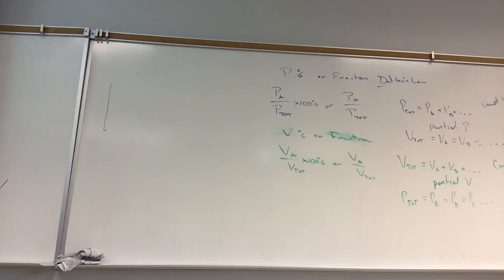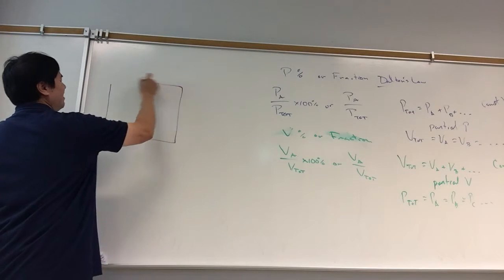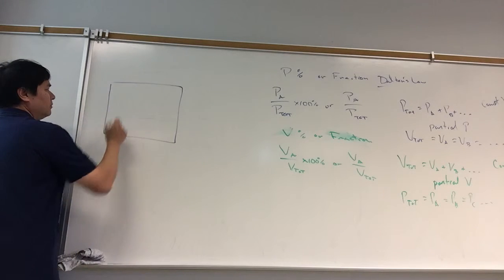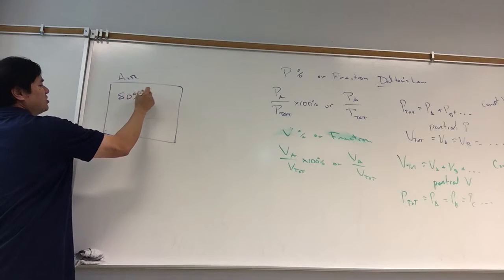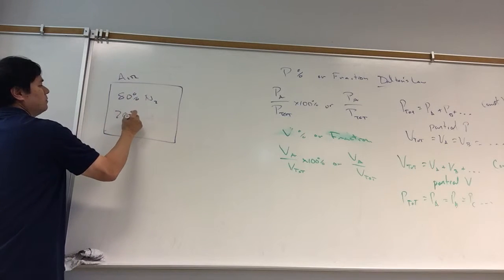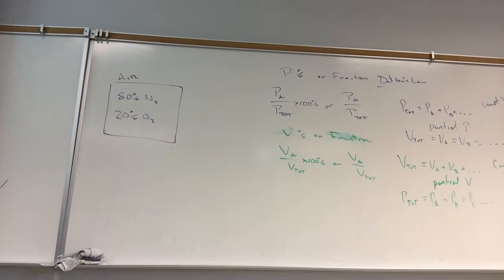And so let's take a look at this. So we should be able to rapidly do this. If we have air, we said air is about 80% nitrogen, 20% oxygen. And this is by mass or by mole? This is by mole.